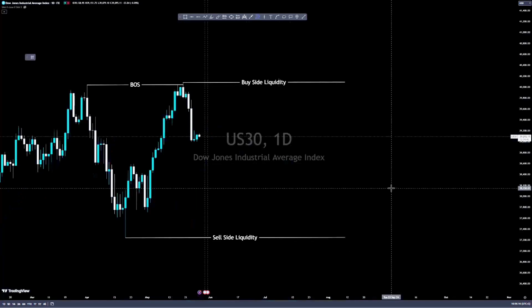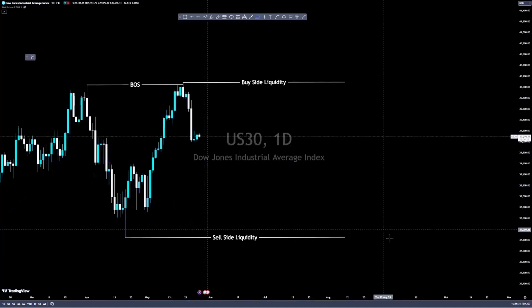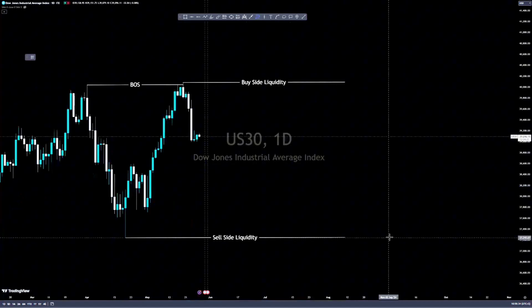Remember, after marking your buy side liquidity and sell side liquidity, let's focus on these two right now, because we need to look for trades in between these two liquidity zones. So we're going to add our Fibonacci retracement tool.